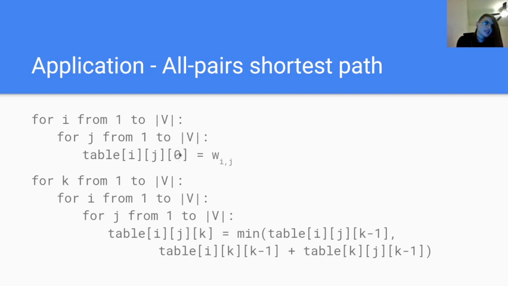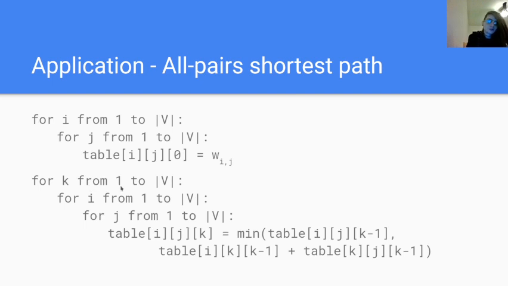We're saying if we're not allowed to use any other vertices at all besides i and j, then the shortest path from i to j is just the weight of any edge there from i to j. And if there's no edge there, then it's going to be infinity. So places where there's no edge will have infinite weight, implicitly in our pseudocode representation here.